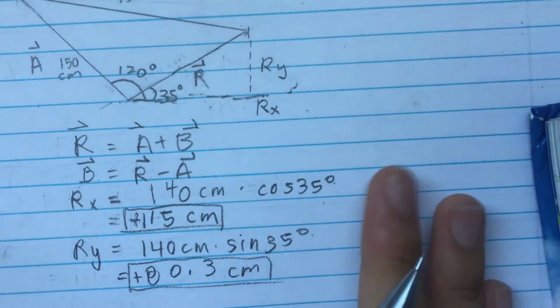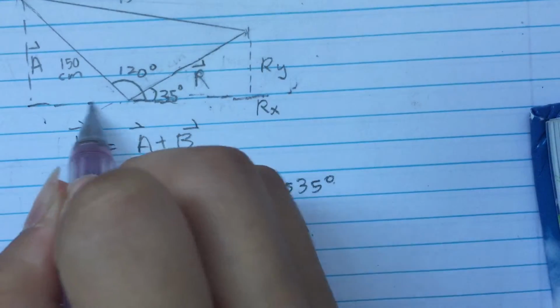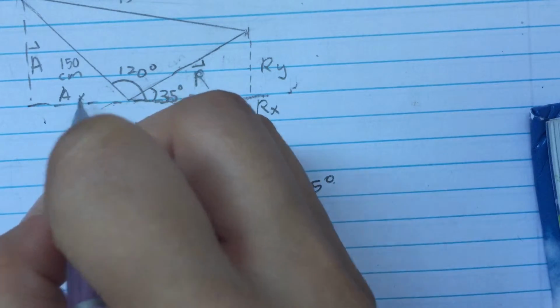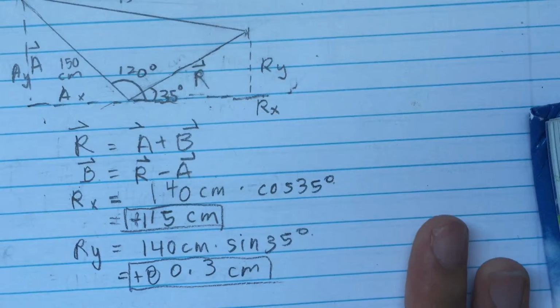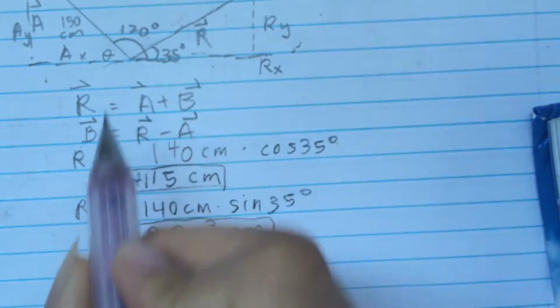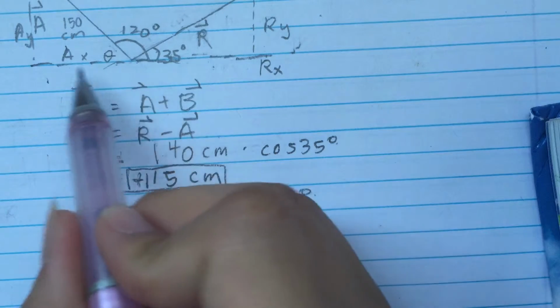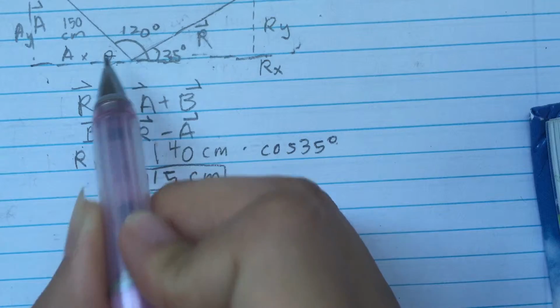Now we're going to have to solve for the x component and y component of A, which we'll also label. So that's the x component of A and then the y component of A. And we know this theta is going to be 60 degrees because 180 degrees minus 120 degrees is going to be 60 degrees.